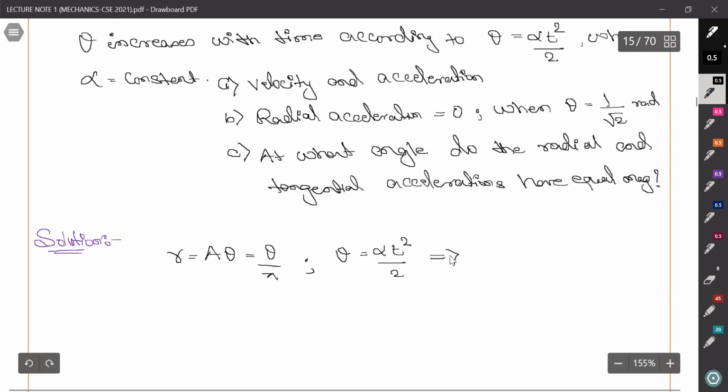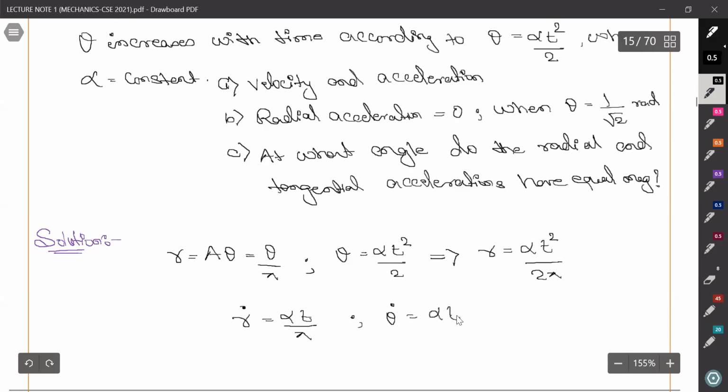So combining these, putting the value of theta here, we can write that r equals alpha t square by 2 pi. Okay. Just we need to get r dot, which is alpha t by pi.